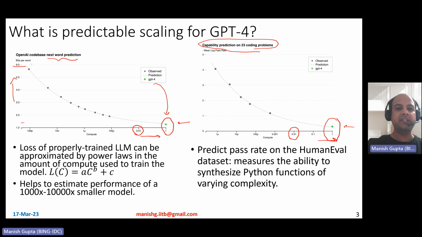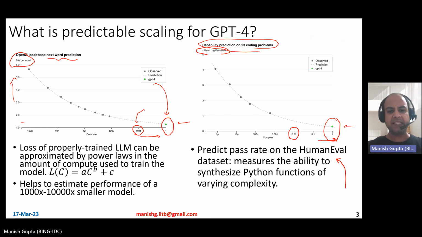This is in bits per word, and this is about mean log pass rate for a particular kind of dataset. But the point is that they're now able to predict how much the loss will increase if you build the GPT-4 model with 100x less compute.